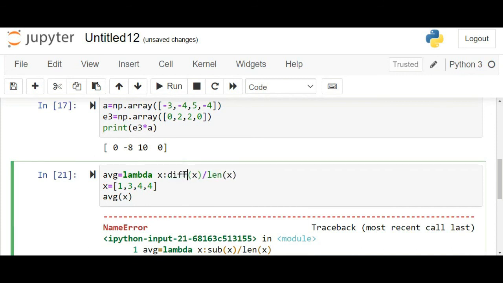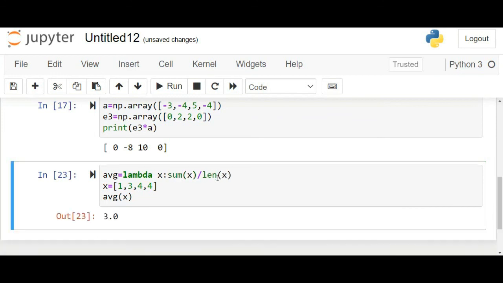Or difference, then this will not work. So this will work only for sum. Yes, this is our answer.